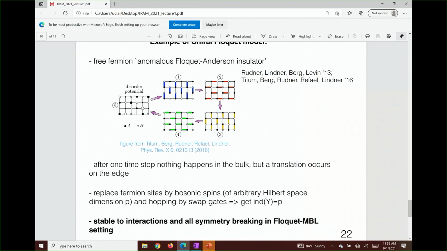So the full Floquet unitary that you build is the identity in the bulk. But on the boundary, things get translated. On the boundary, this is a translation with the lowest non-trivial GNVW index.